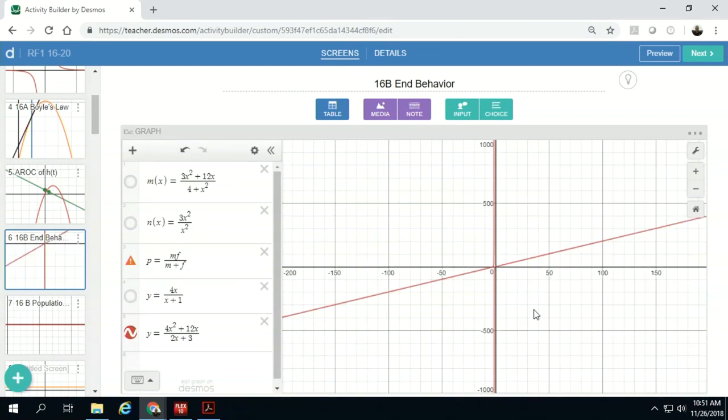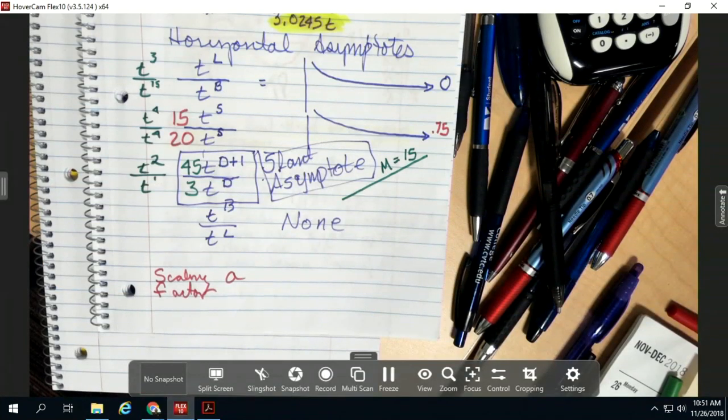And if you notice, it looks like a line, right? But then if you look right here in the middle, it's got a straight up and down and a straight up and down. So this line has a slope, in this case, of 4 over 2, which is 2, or in our case that we just drew, 45 over 3, which is 15.